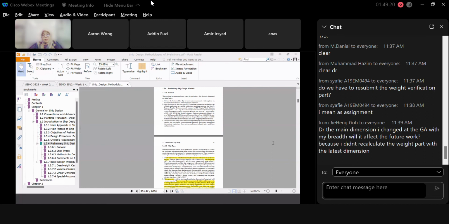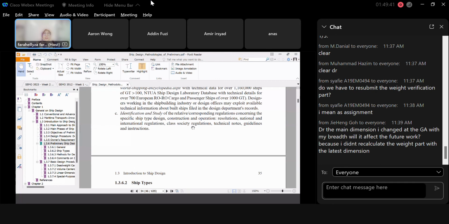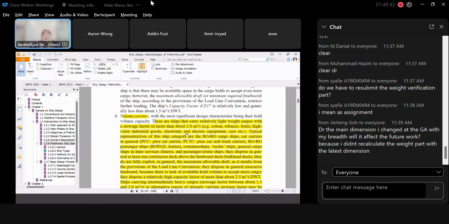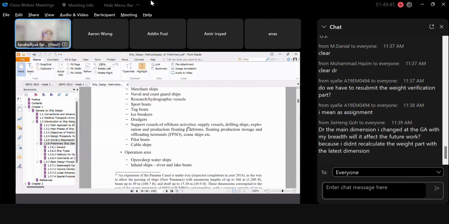Okay, maybe to answer Go's question, but before that, I just opened this Papan book to let those from SKMO know how we can use these books.